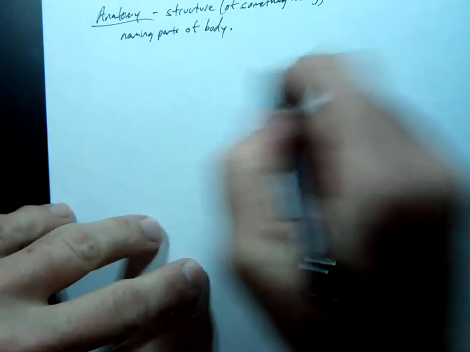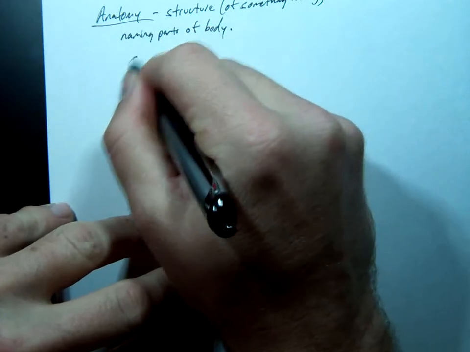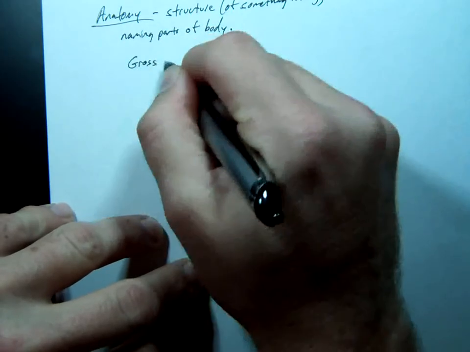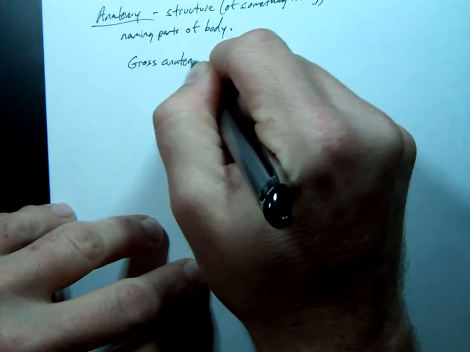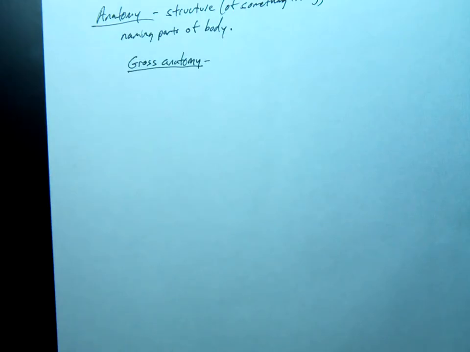You may hear this term used, and I want you to be familiar with it. Gross anatomy. Because it's like, ew. No. Gross, actually in German, means exactly what it's supposed to. Gross in German means large.